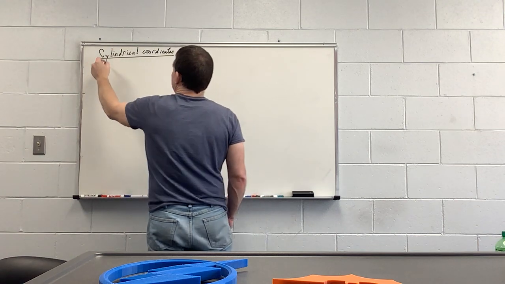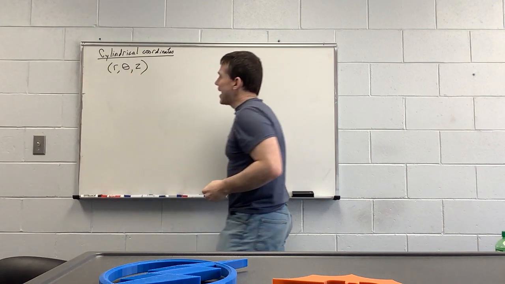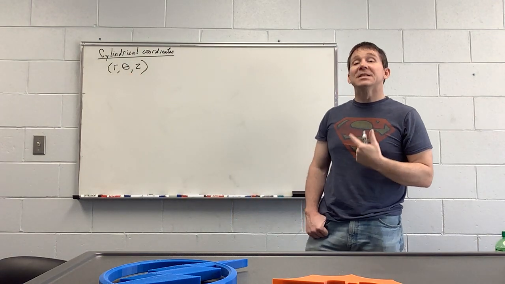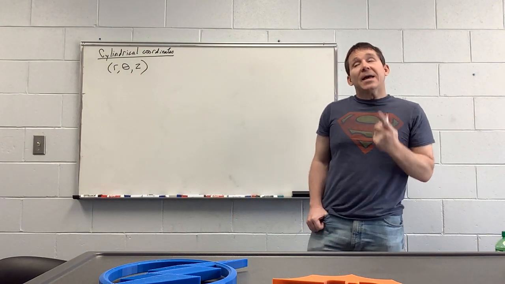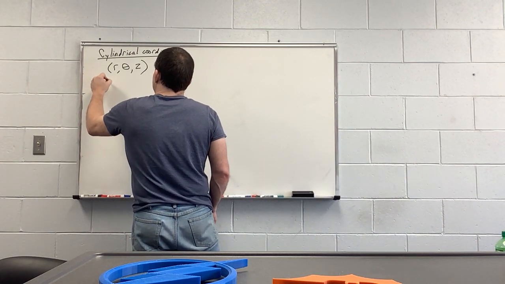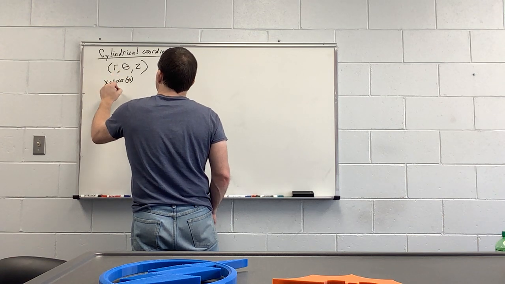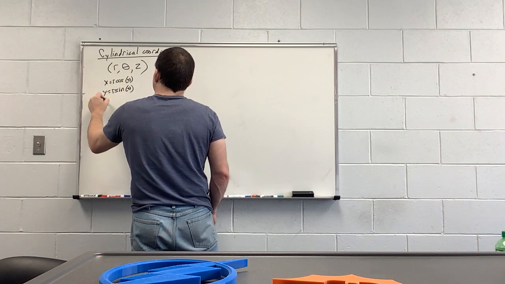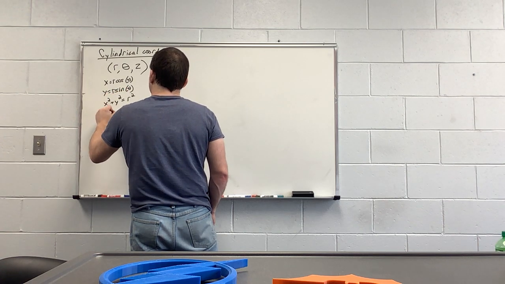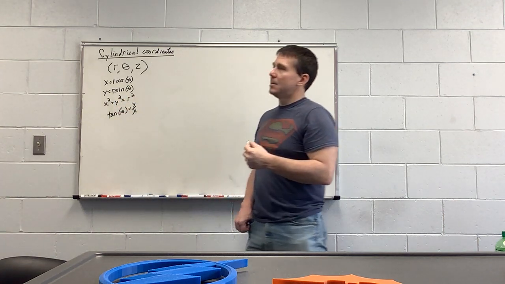Essentially, all we do is, instead of having r and theta, I add a third component, a third dimension, z, a height. And the good thing is, we have all these conversions. x equals r cosine theta, y equals r sine theta, x squared plus y squared is r squared, tan theta equals y over x.